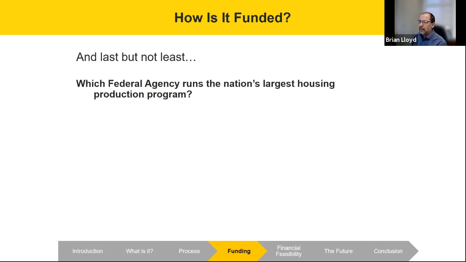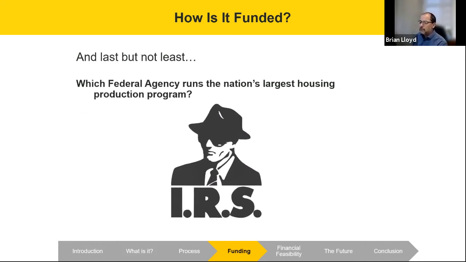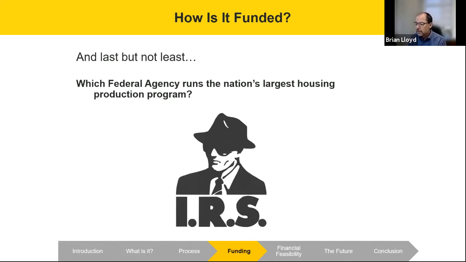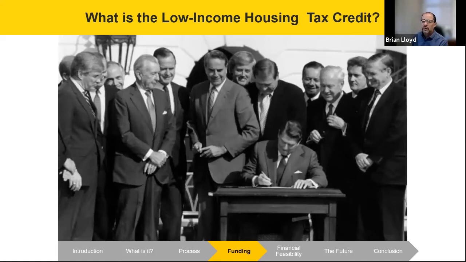But actually, it's a surprise to most, and it's a surprise to me still, that the largest production program is run by the Internal Revenue Service. So that is where the low-income housing tax credit program lives. Because it's a tax program, it's monitored by the IRS as a part of the Treasury Department.